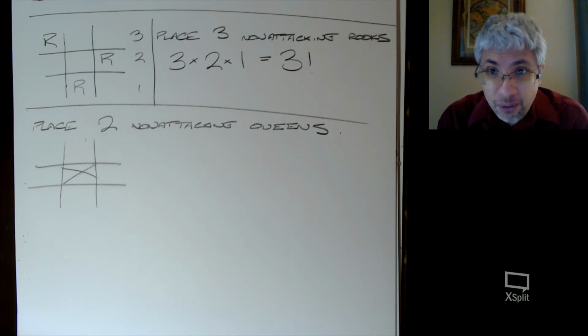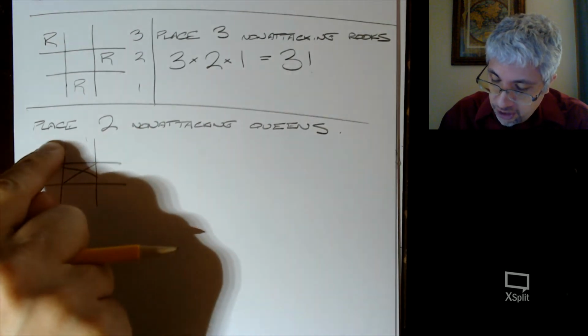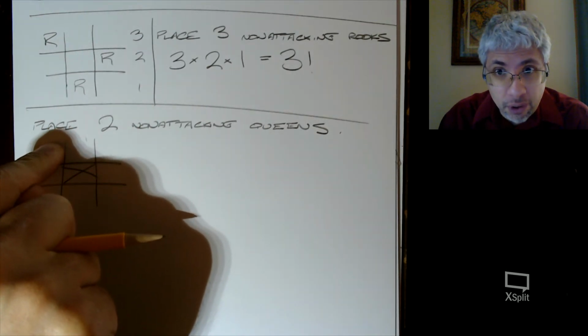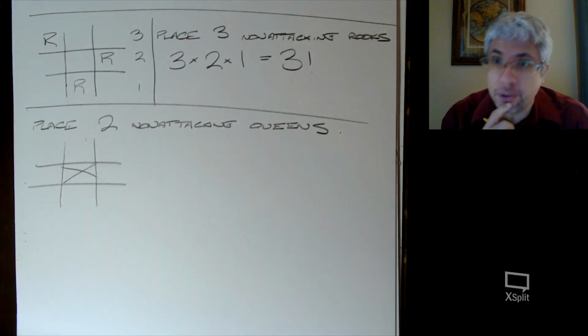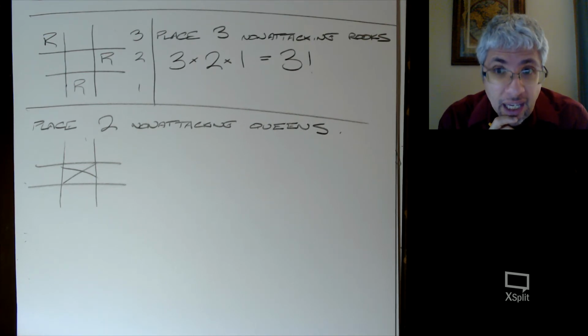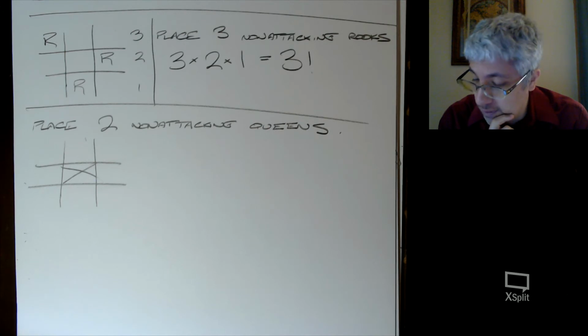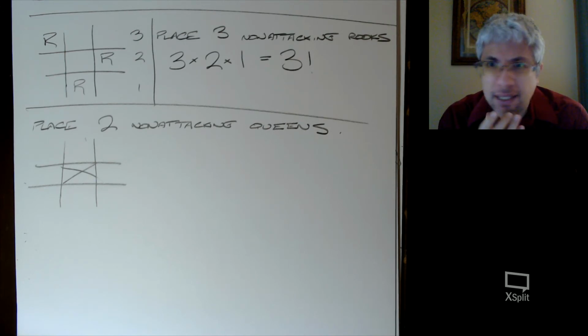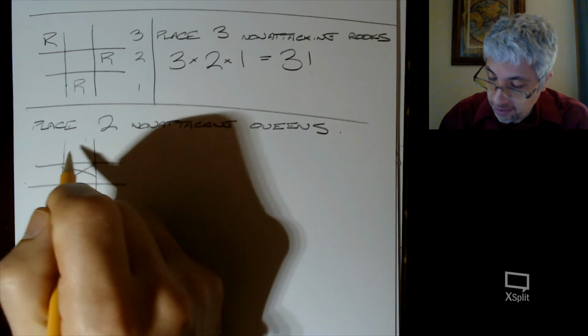So now, instead of going piece by piece on the board, or I should say square by square on the board, and trying to ask myself what goes there, I'm going to say, okay, I have one corner queen and one edge queen.